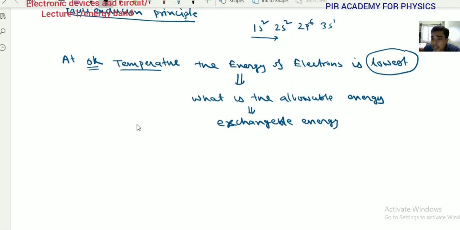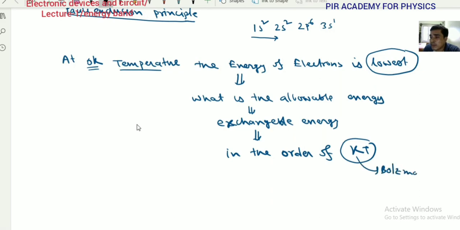The exchangeable energy is in the order of kT. This is the order. k is the Boltzmann constant, okay, and T is the temperature in Kelvin scale.